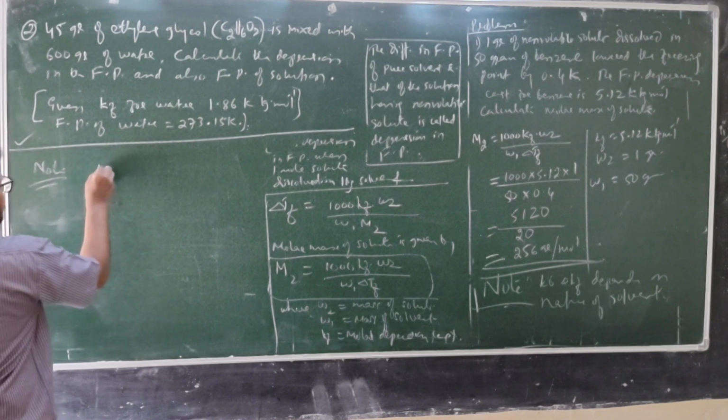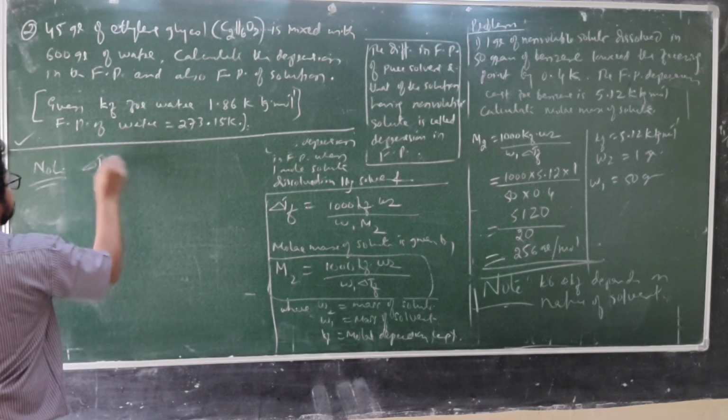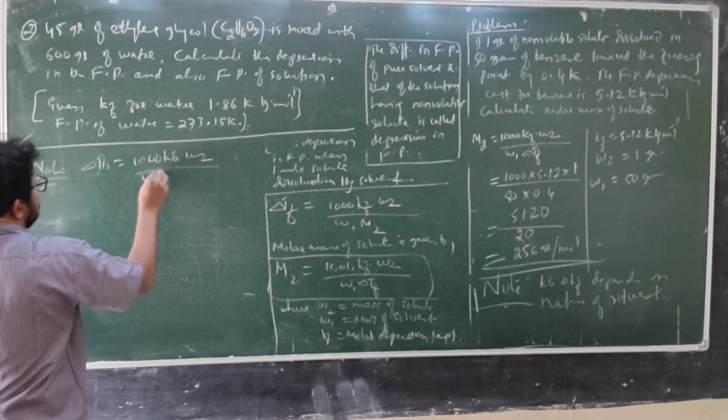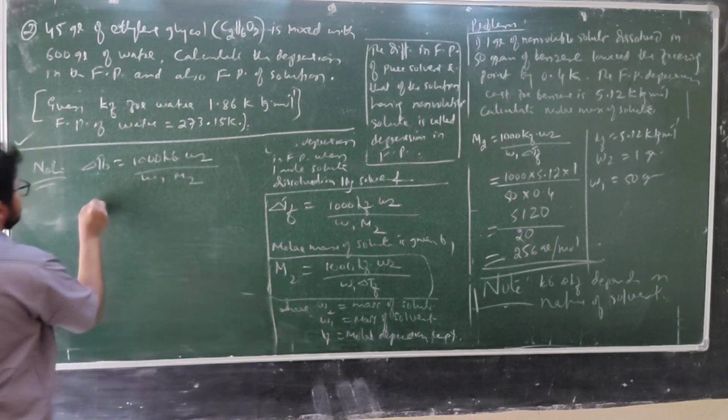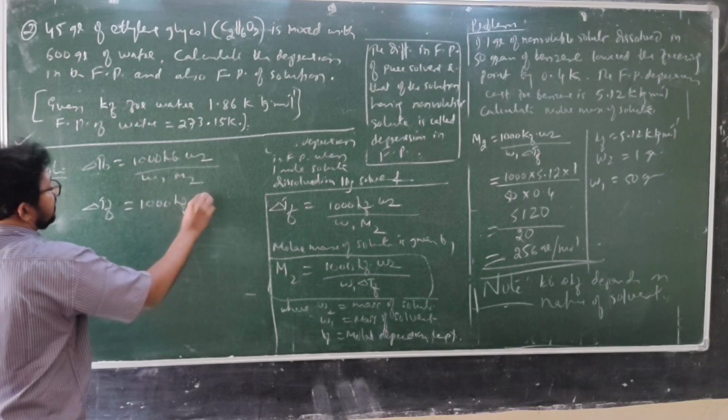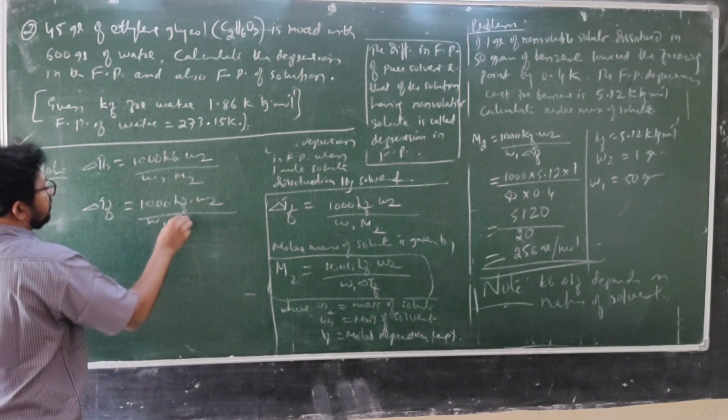Note. See, you know delta Tb equal to 1000 Kb into W2 divided by W1 into M2. Delta Tf equal to 1000 Kf into W2 divided by W1 into M2.